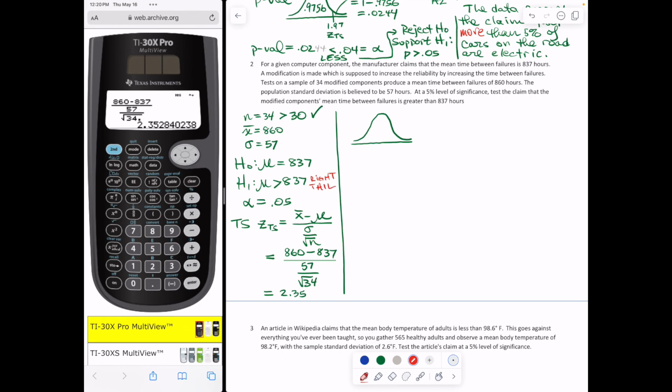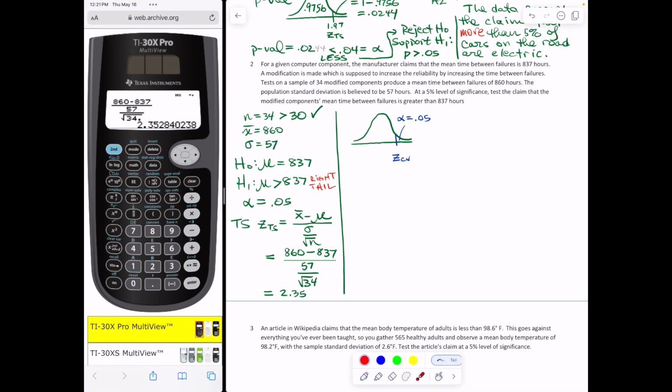Okay, so on the right, we'll put z critical value here. Our alpha is 0.05, and all the critical values come from table A2.